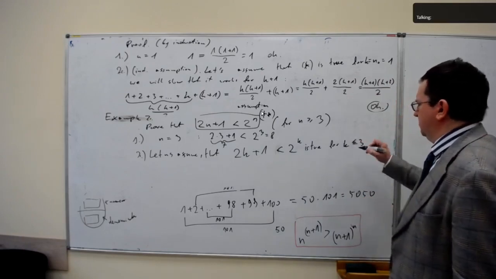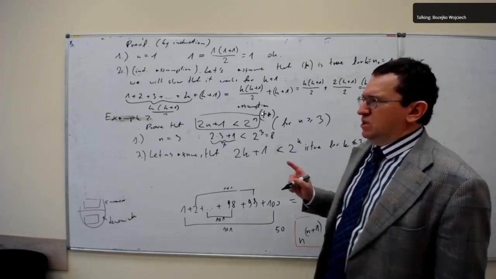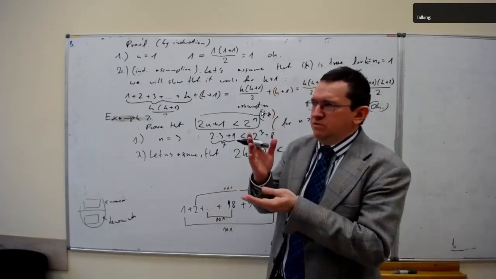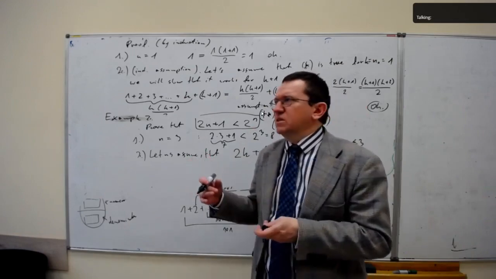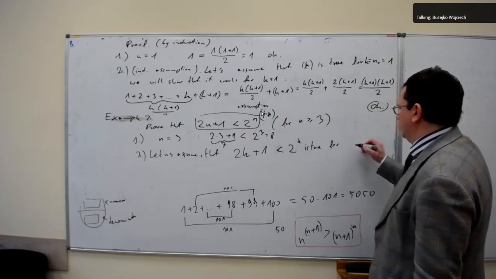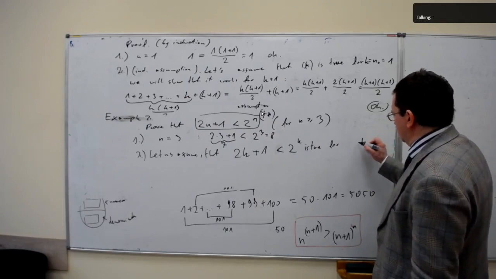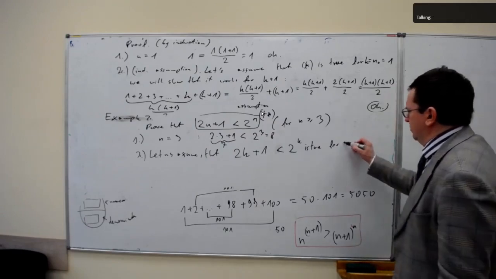Sometimes it is important that we assume that it works not only for n0, but also for smaller than n0, or from some place. So this will be for k equals n0 equals 3.